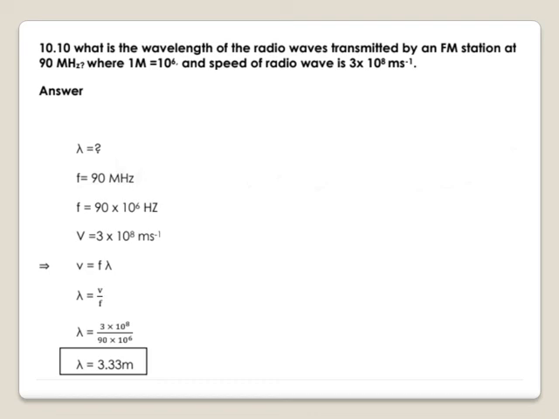So first of all, by changing the frequency into its SI units and then putting these values in the formula v = fλ, after rearranging, because here we have to find the wavelength, which is λ, so λ = v/f, and simply by putting values we get the answer as 3.33 meters.